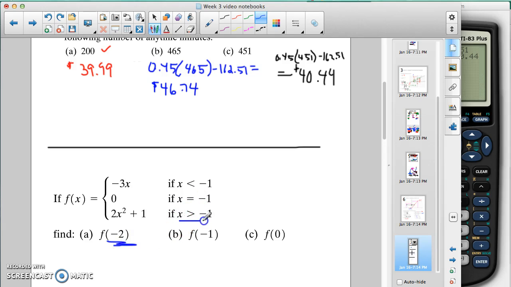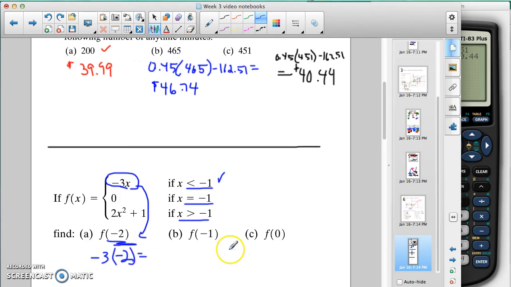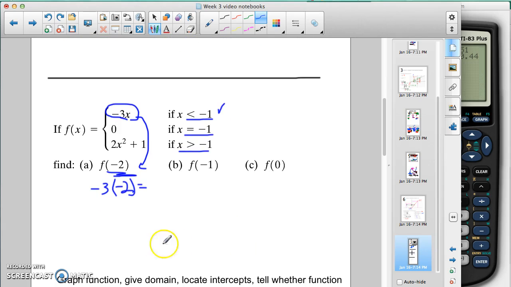Is it greater than -1, is it equal to -1, or is it less than -1? In this case it's going to be in this domain, so we're going to use this rule for the first problem. We're going to write -3 times our -2 value, so the answer to this is 6.